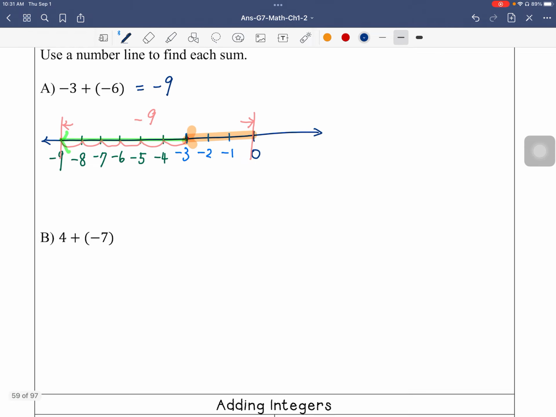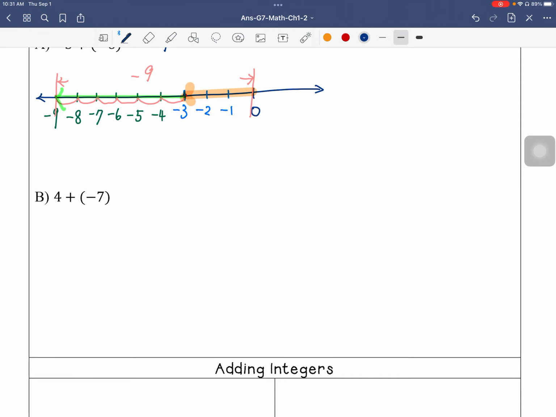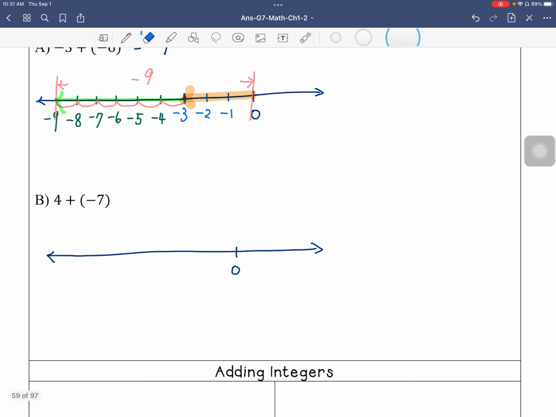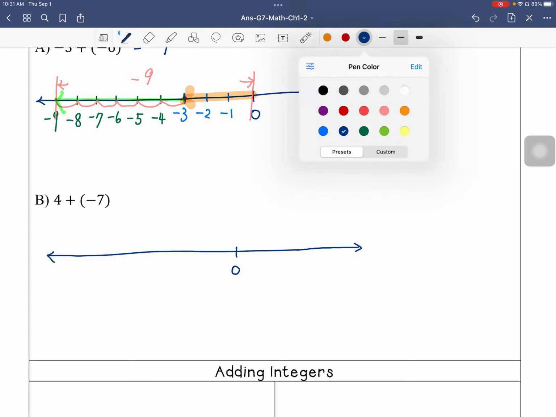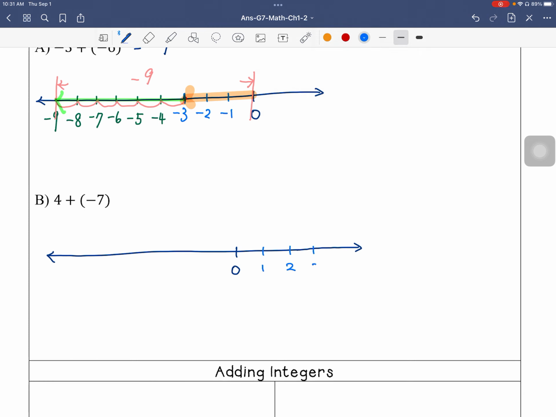Okay, so then I have 4 and then added on negative 7. So now I have a number line. I have 0 placed toward the right. Then I get 1, 2, 3, 4.